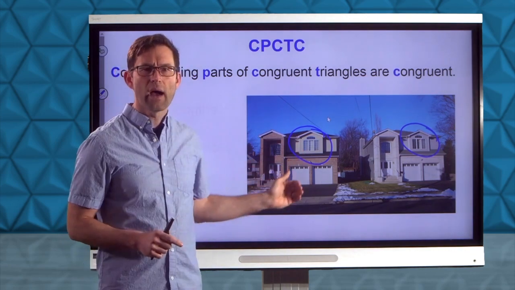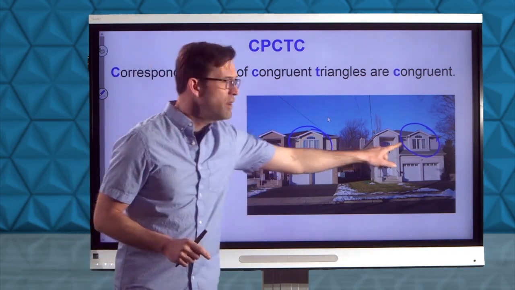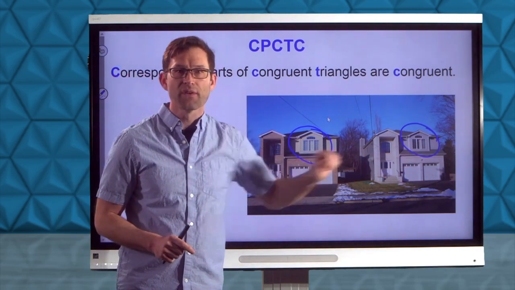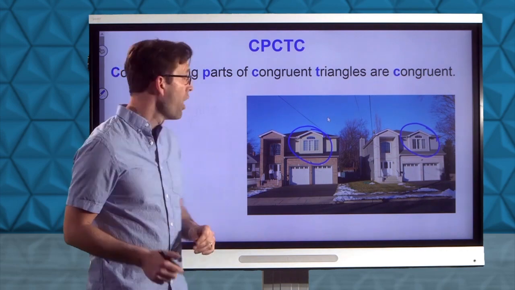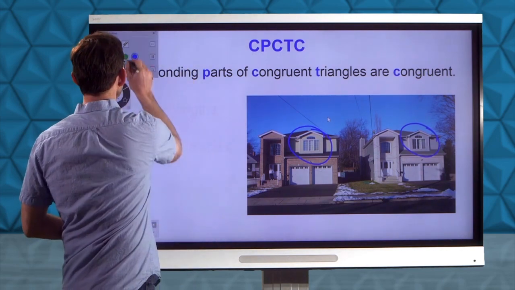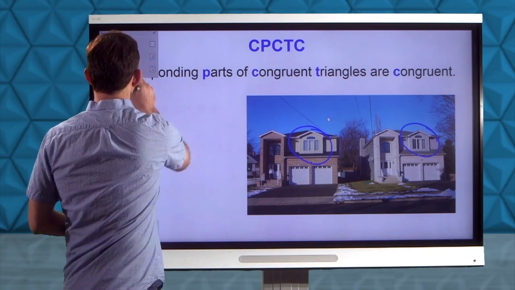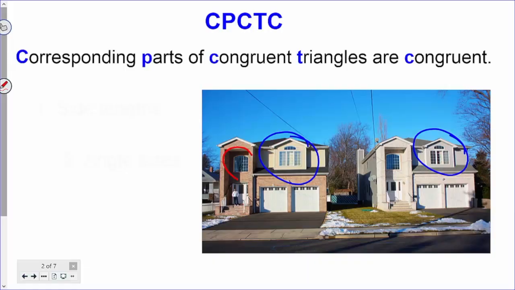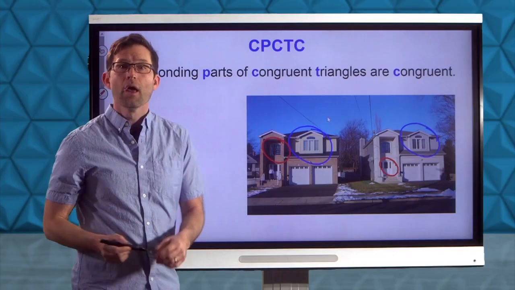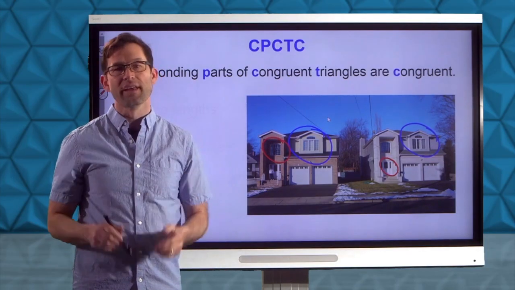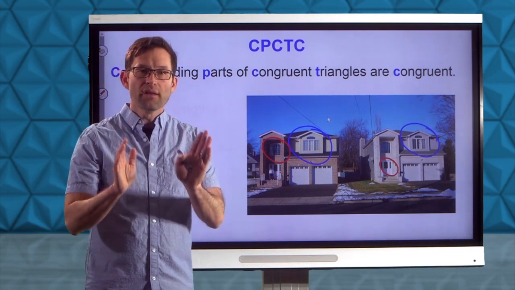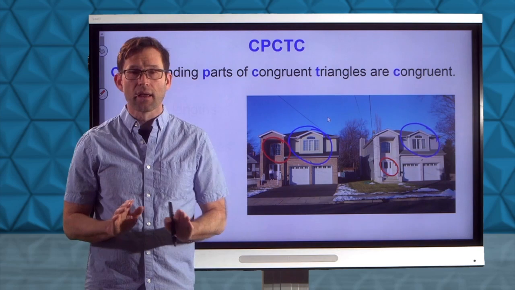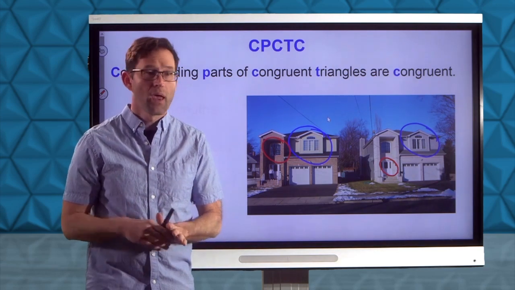And because these two houses are identical, two windows, which are in the same place on the two houses, must also be identical. Now, I would never try to make the argument that this window and this window are identical, because they're not in the same place on the two houses. They're not corresponding.